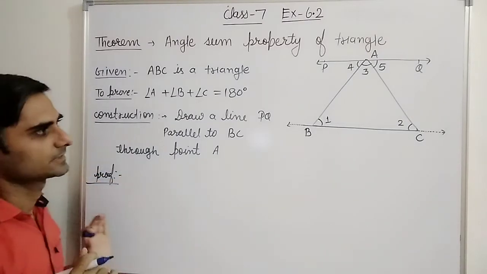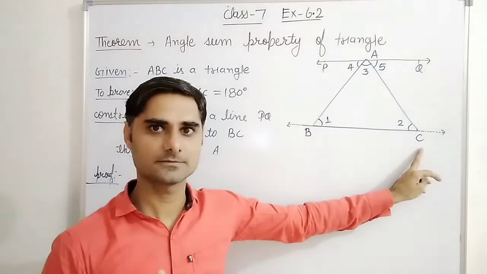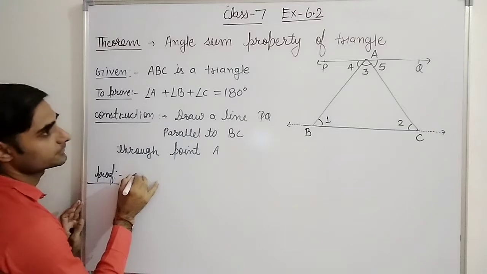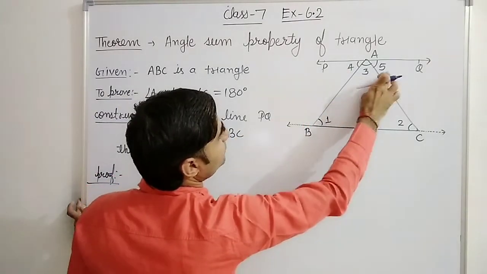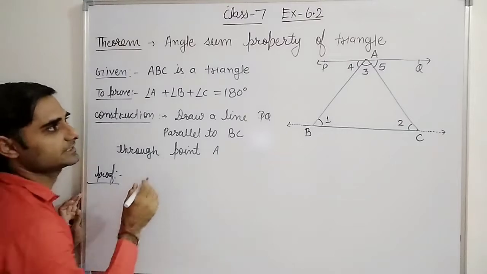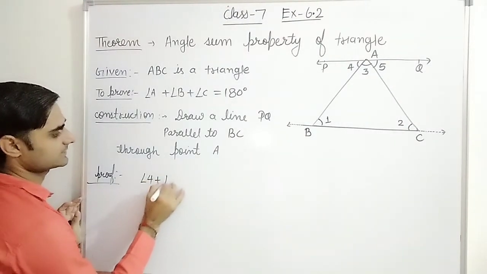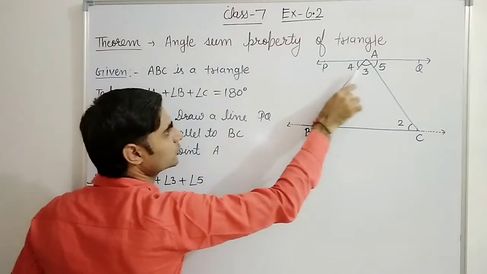So here we will prove. How to prove? See, first of all, this PQ is parallel to BC. Correct? But before that, see here, angle 4 plus angle 3 plus angle 5.